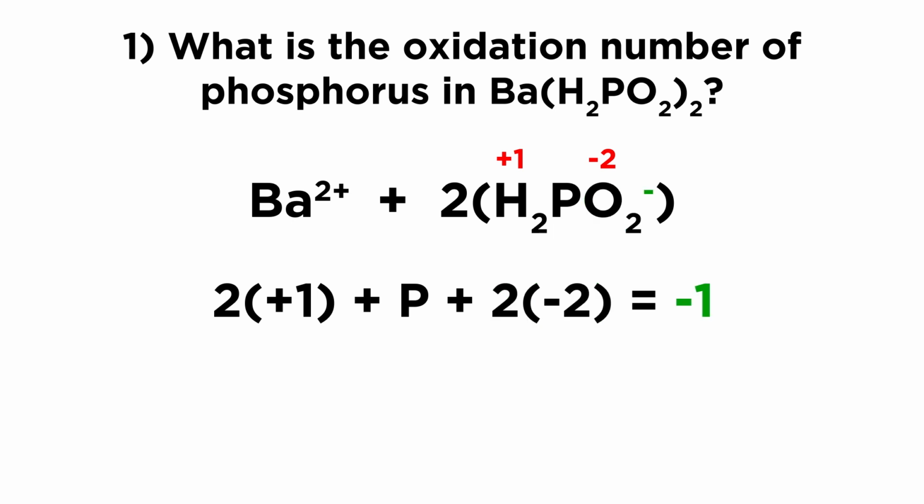So if we add up all those oxidation numbers, that must total to -1, because that is the net charge on the ion. And so if we add all that up, we have +2 and we have -4, and then we have phosphorus. So if we move those numbers to the other side, we're going to find that P must be +1. So phosphorus is in the +1 oxidation state in this compound.